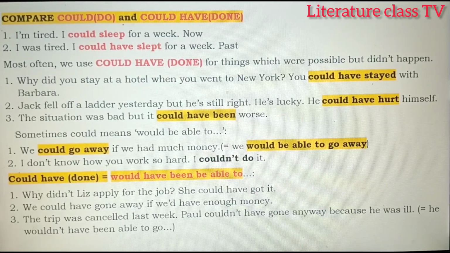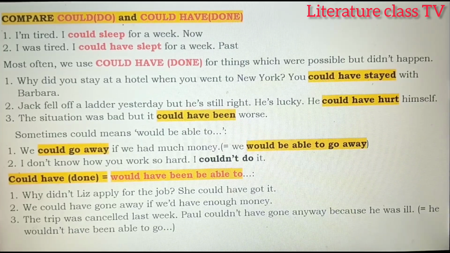She went to the hotel instead of going to stay with Barbara. We use could have done something when something was possible to be done but didn't happen.